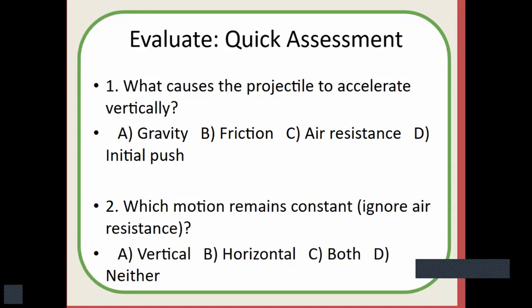All right. So finally, gravity causes vertical acceleration, and then horizontally it just keeps gliding forward. But when you go straight up, there's no horizontal component.